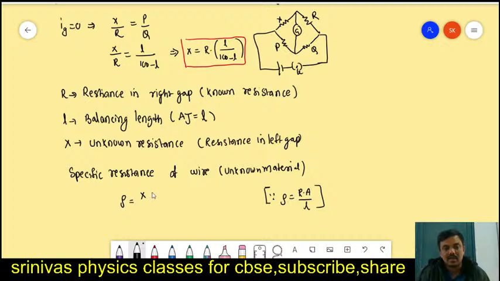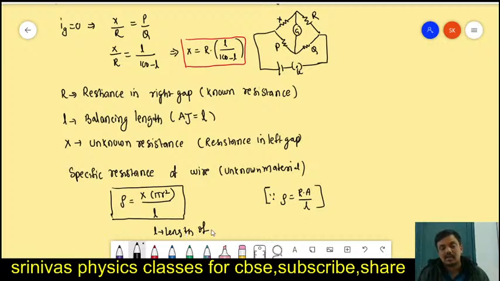The resistance is X, and the area of cross section we will take as pi r square. But the radius we can find by using the screw gauge. L is the length of the wire, which we can measure directly by using the meter scale.